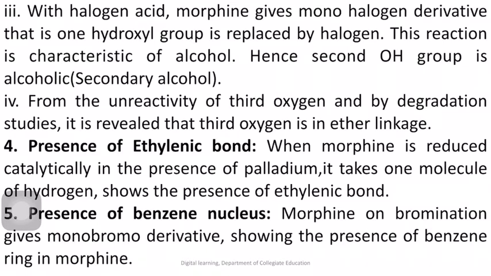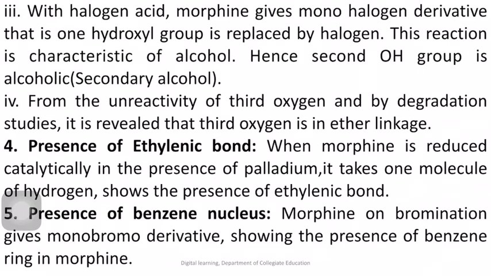Then what about the third one? We did not see any reaction from the third one, that means it is unreactive. From the unreactivity of the third oxygen and also from degradation studies, it is revealed that the third oxygen is in ether linkage.